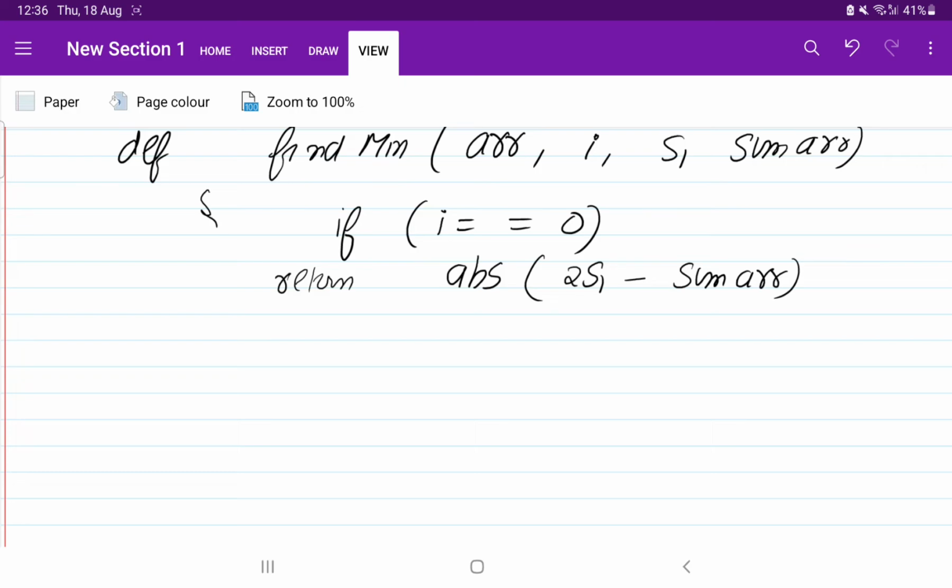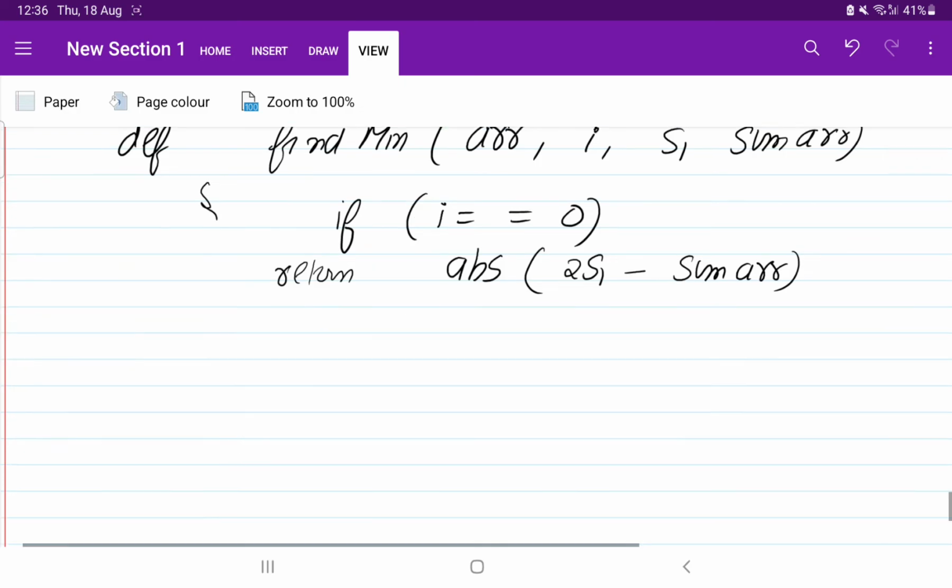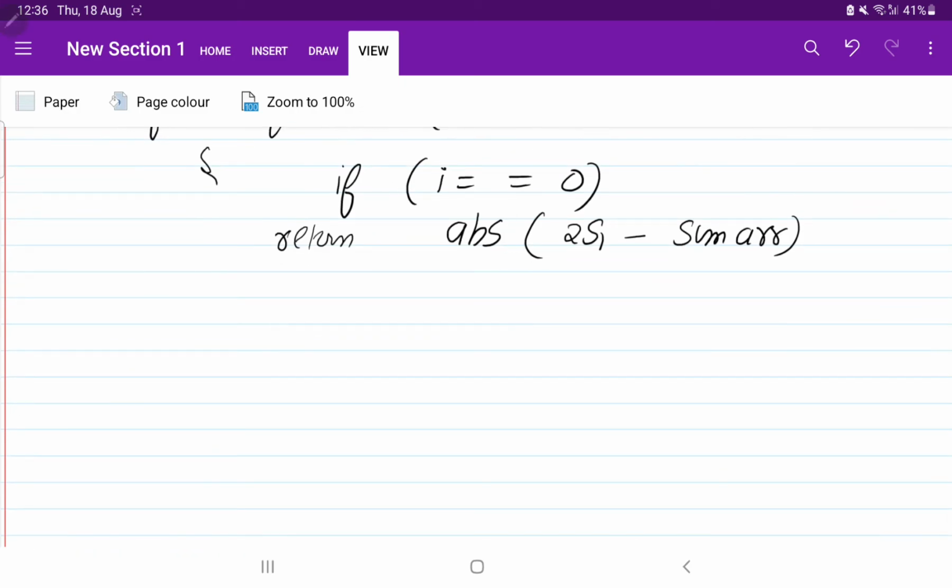Now we have the choice diagram. If this condition is true we return, else we need to return what was there in the choice diagram: either we can select 5 or we can leave the last element. First I am going to write the code if we select that element in the first subset.